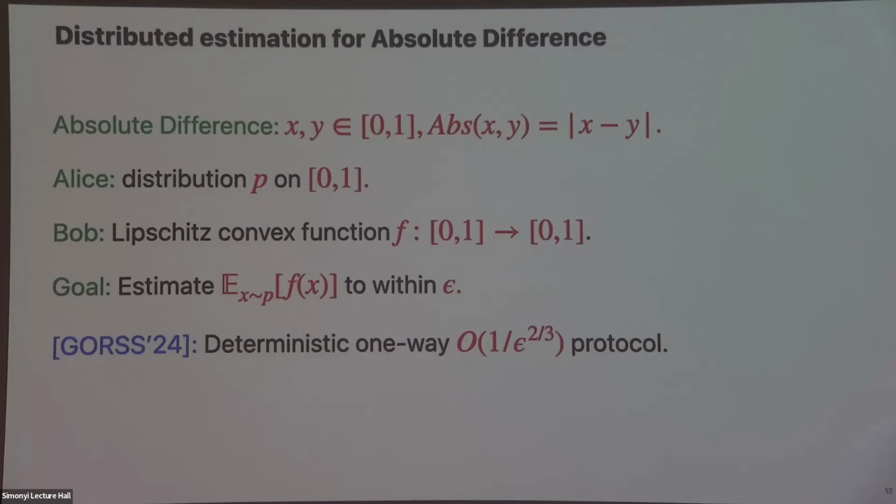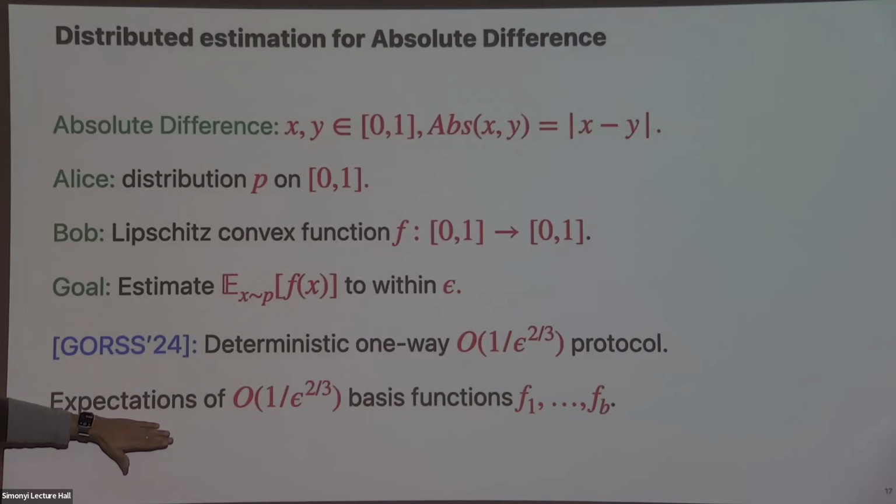And these functions have the property that once you know their expectations, you know the expectation of any Lipschitz convex function. So it had this stronger property. And what they proved already is that if this is what you need, if you only allow expectations of functions, you cannot do better than 1 over epsilon to the 2/3. But here we are thinking, that's too restrictive. We just have to think of it as a communication problem. And now what is the best you can do? Let's say, what's the best you can do in one round? Even that's not clear.